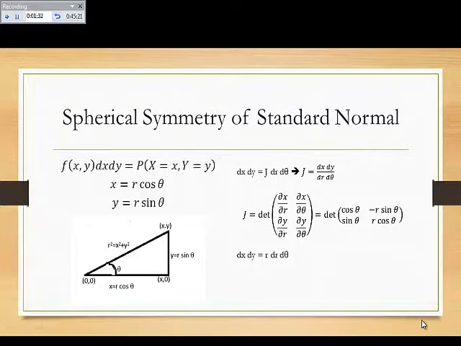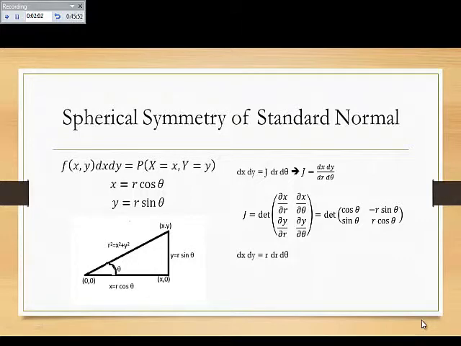Now I want to get the density of r and theta, the polar coordinates of the normal, because this has a very important meaning and very important use, and is very important to understand. So basically dx dy, this is just a formula for change of variables. Dx dy, the infinitesimals, is equal to J times dr d theta, where J is the Jacobian.